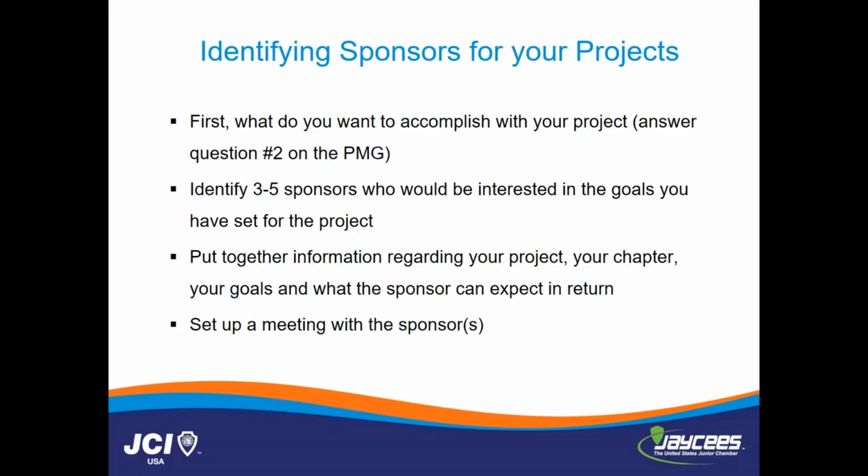And then put together information regarding your project, but you always want to be able to market your chapter. So have some information about your chapter, the goals you have set for your chapter for the year, because even if they may not be interested in this specific project, you could trigger some sort of partnership within another project or another area of your chapter.